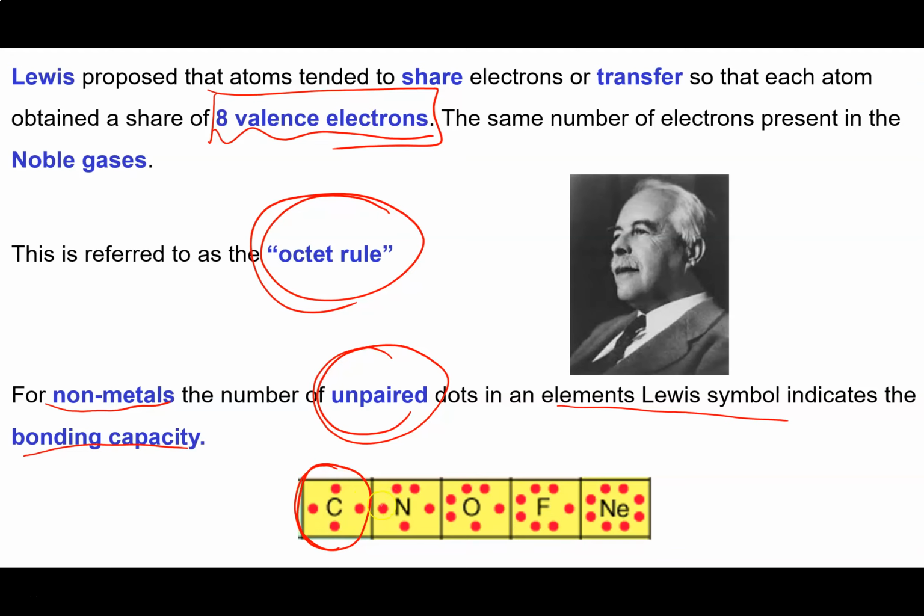Nitrogen in group 5A tends to form 3 bonds because it's got a bonding capacity of 3. Oxygen in group 6A tends to form 2 bonds. Fluorine in group 7A tends to form 1 bond. And neon, which is a noble gas, with a bonding capacity of 0, doesn't like to form chemical compounds. So this concept of bonding capacity and the octet rule is really, really powerful.